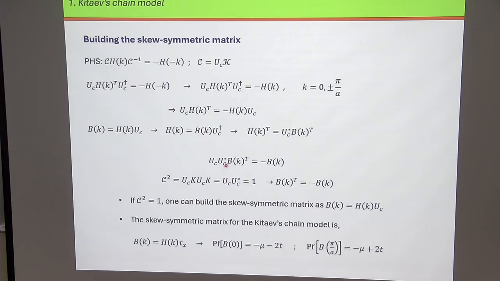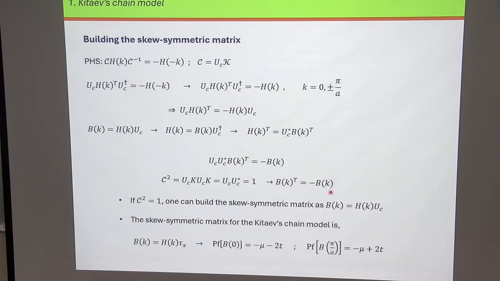For this case it works because for this symmetry you have C squared equal to 1. If you calculate C squared, this UC times its conjugate just gives you 1. And then you can show that indeed this operator B is antisymmetric. It fulfills this relation, okay?